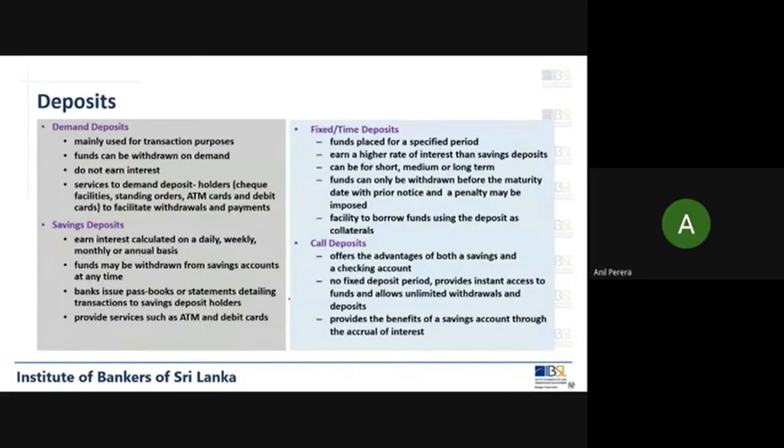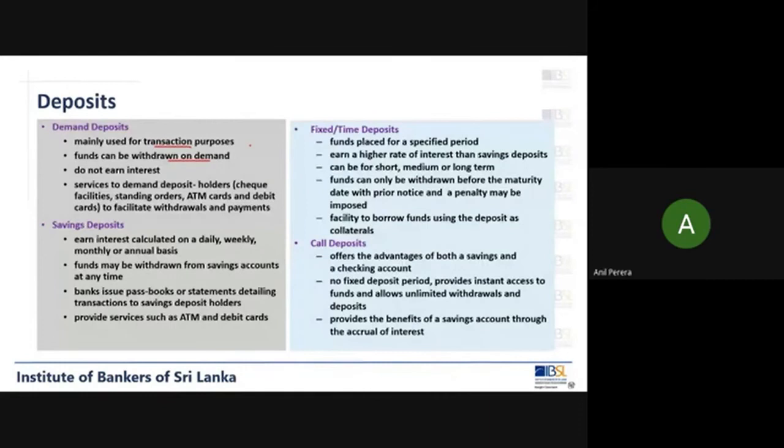Now, here I have given you the definitions and the characteristics for each and every instrument. Now, demand deposits are mainly used for transaction purposes. Funds can be withdrawn on demand. You can have money at any point, right?